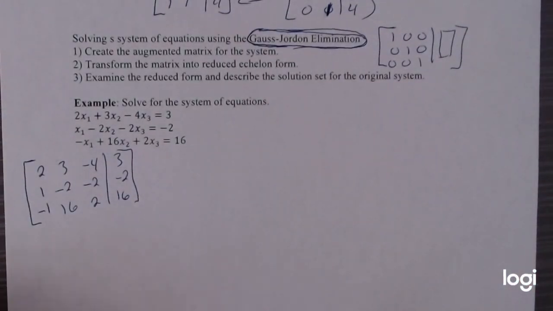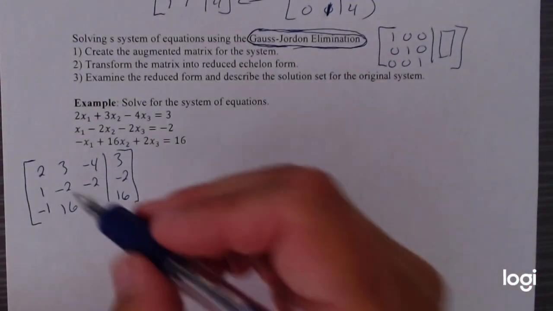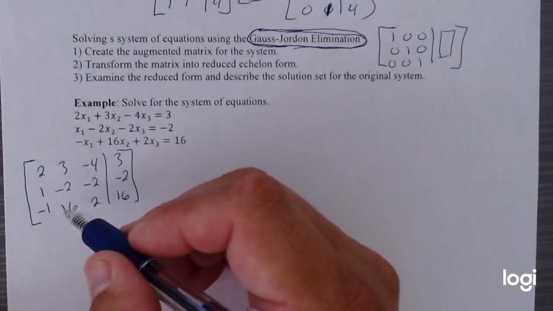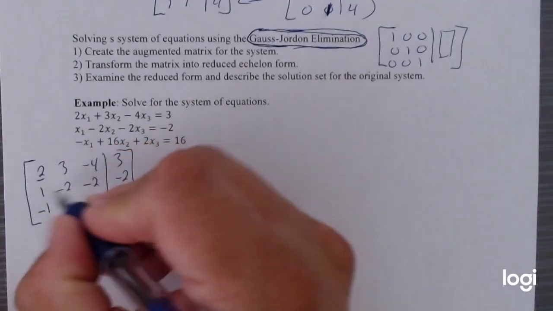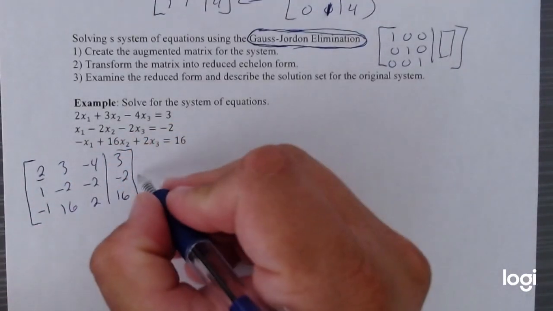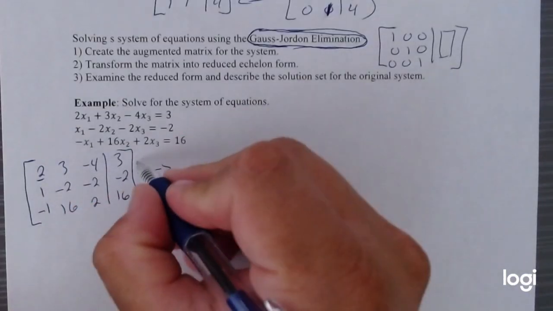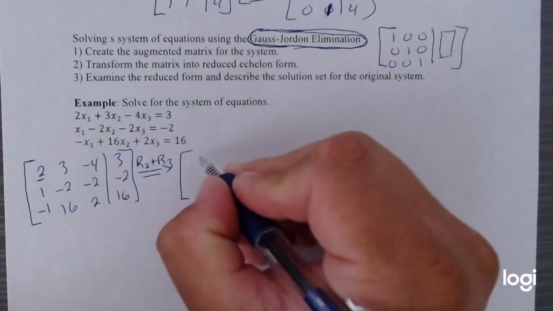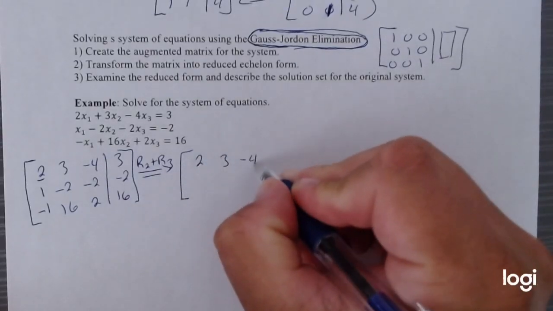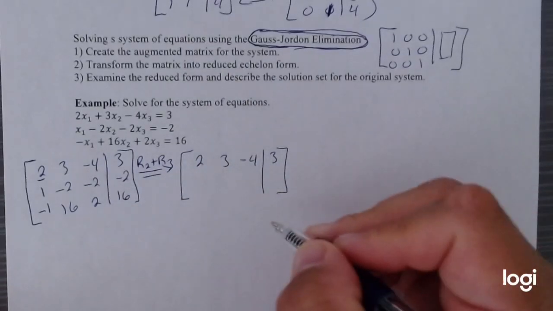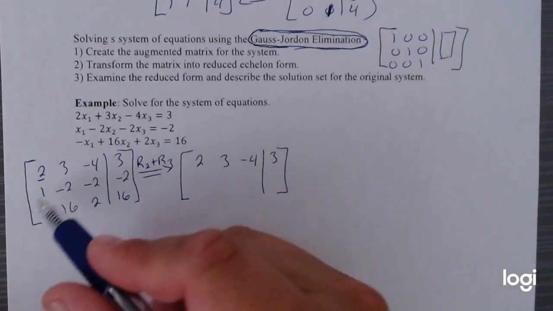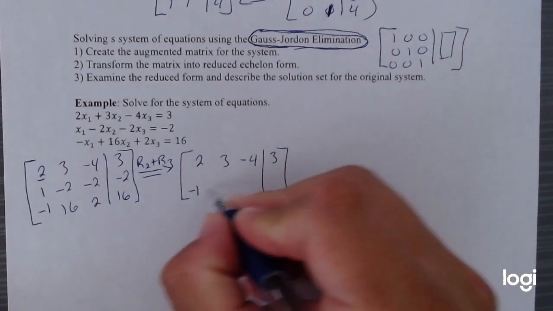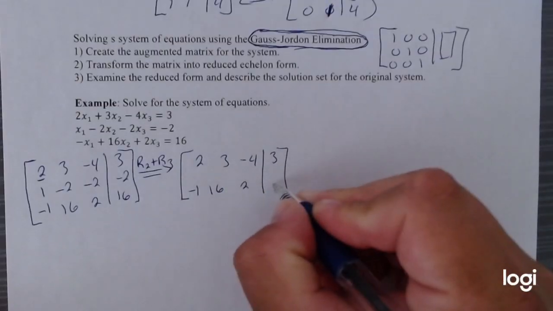Okay, so what I'm going to do, let's see what we can do. We have the 2 here too, so let's get rid of this 1 here. So looks like I could just add, so I'm going to add row 2 plus row 3. And I'm going to put the answer in row 2. So I'm going to keep row 3 the same.